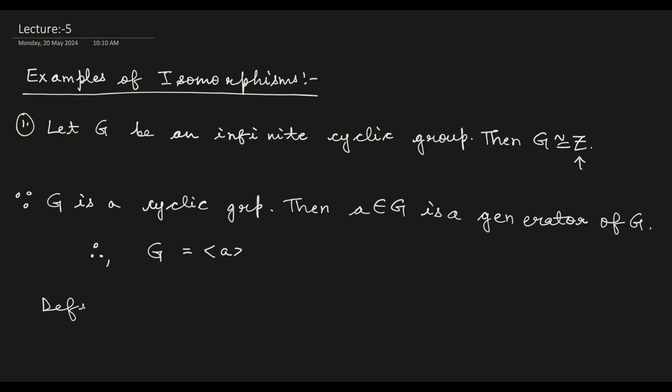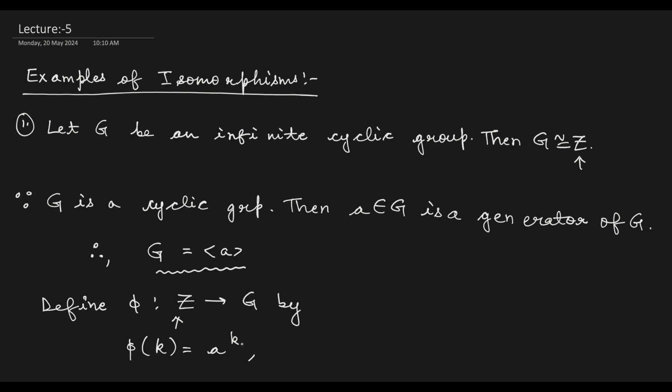Now define phi mapping from Z to G by phi(k) = a to the power k. I am taking an element from Z, so k is an integer and it is mapped to G, and G has generator a.